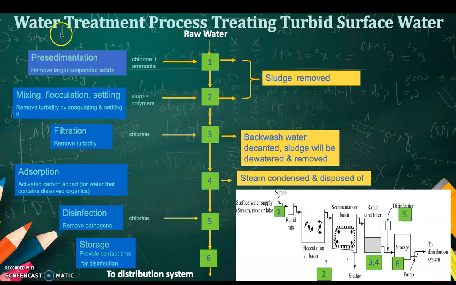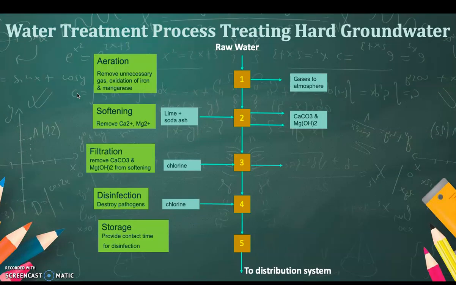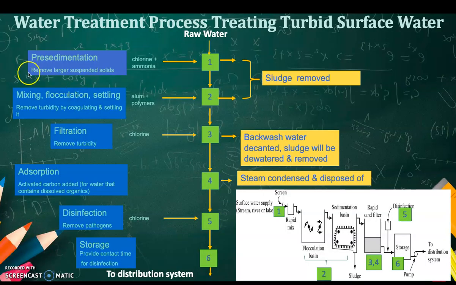It involves pre-sedimentation, and it is a more complicated process to treat surface water compared to treating hard groundwater. We have pre-sedimentation to remove larger suspended solids. Later you will see that the sludge will be removed.